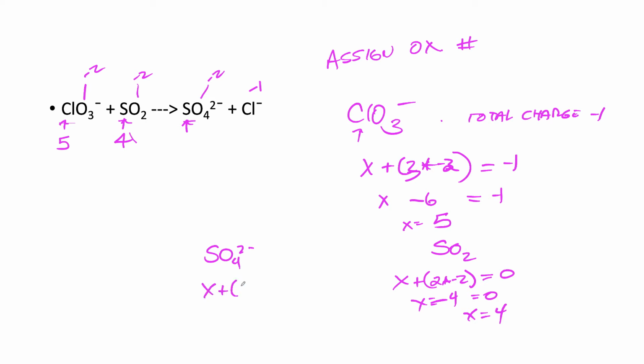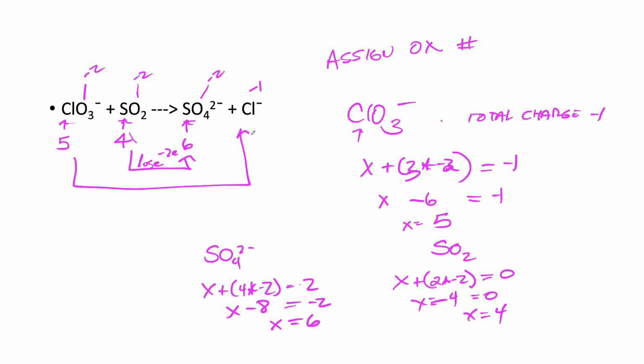X plus 4 times -2 equals -2. That's going to be -8, or X is equal to 6 if we do the math. So this oxidation number is 6. So between these two, we're losing two electrons. So sulfur is undergoing oxidation.